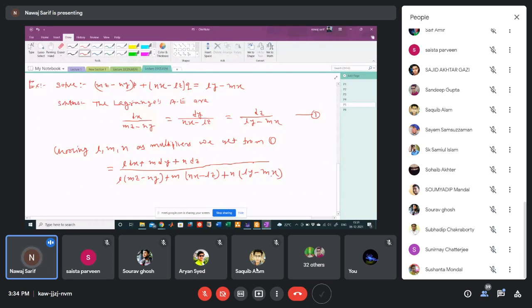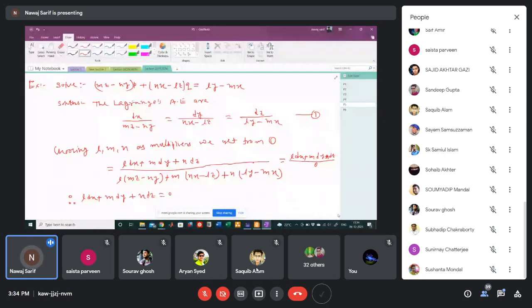So this denominator is now 0, so you can write this as l dx plus m dy plus n dz, and in the denominator this is 0. Therefore l dx plus m dy plus n dz equals 0.